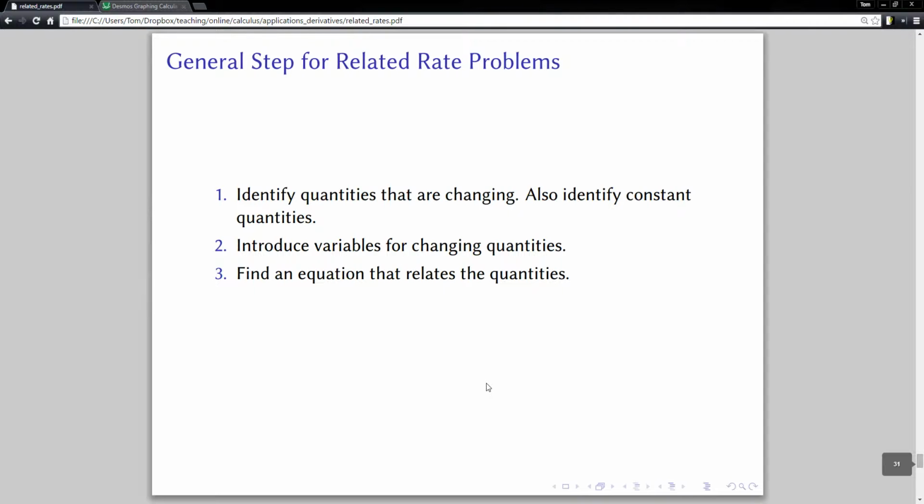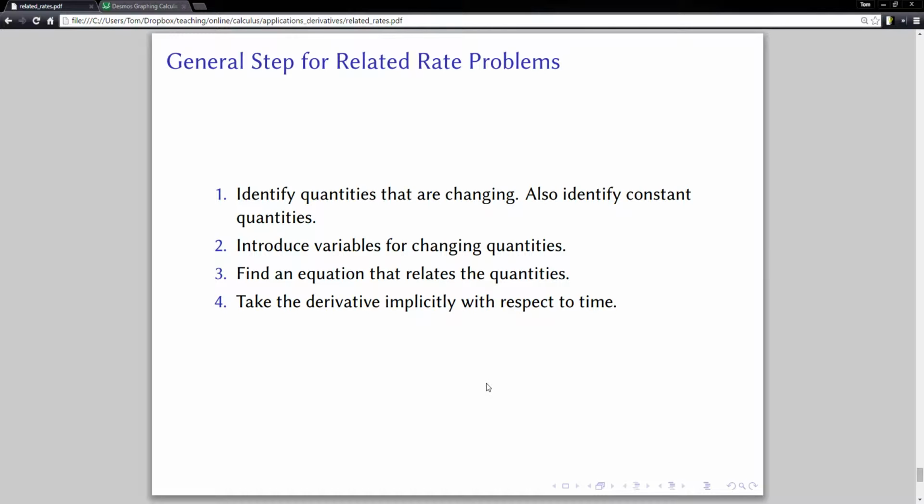Find an equation that relates the quantities. Sometimes that comes from a geometric formula like we had here. Sometimes it will come from the Pythagorean theorem, or there are many other examples. Once you find that equation, take the derivative implicitly with respect to time. Assume that all variables in there are differentiable functions of time.